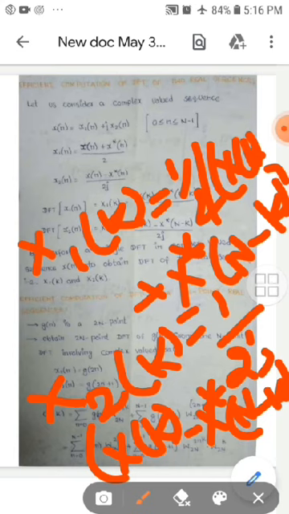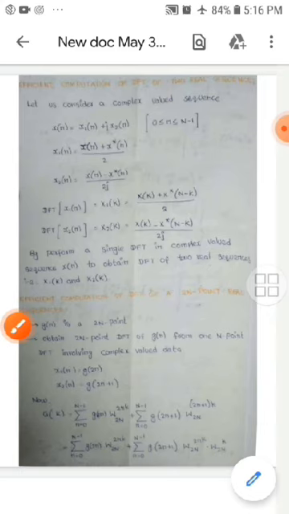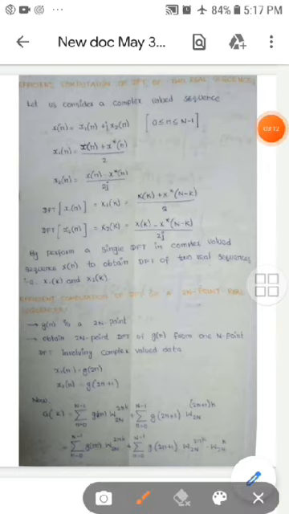So finally we must express the 2N point DFT in terms of the N point DFTs that are X1 of k and X2 of k. To accomplish this, we proceed with the decimation in time FFT algorithm, that is G of k. So here in G of k we can substitute x1 of n and x2 of n.